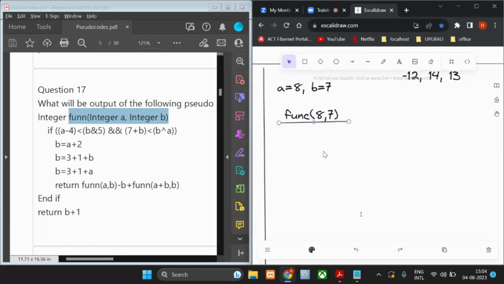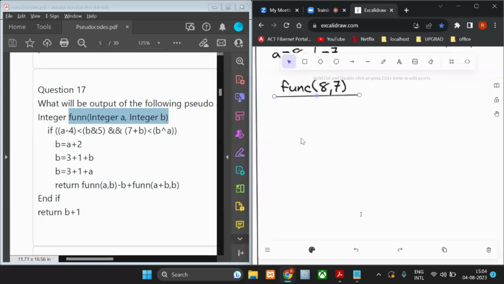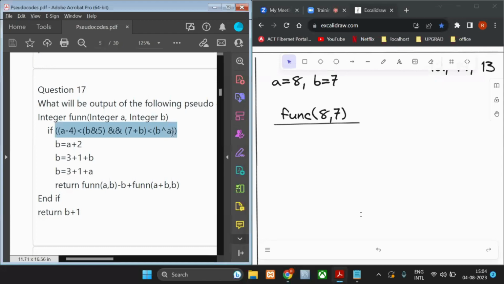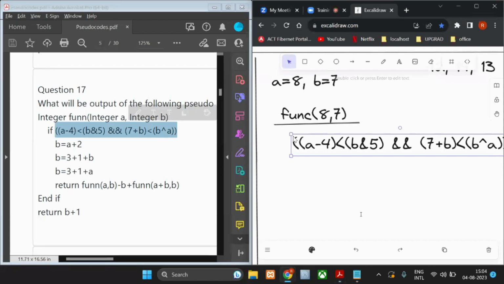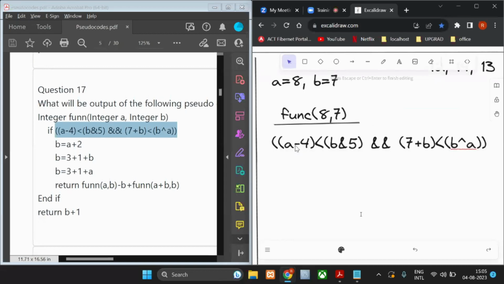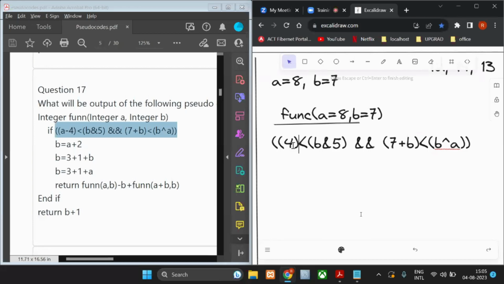Now, first we have a condition here. Let's check what the condition is. a minus 4 is less than b and 5. I'll replace the values: a is 8, b is 7. So 8 minus 4 is 4 only.